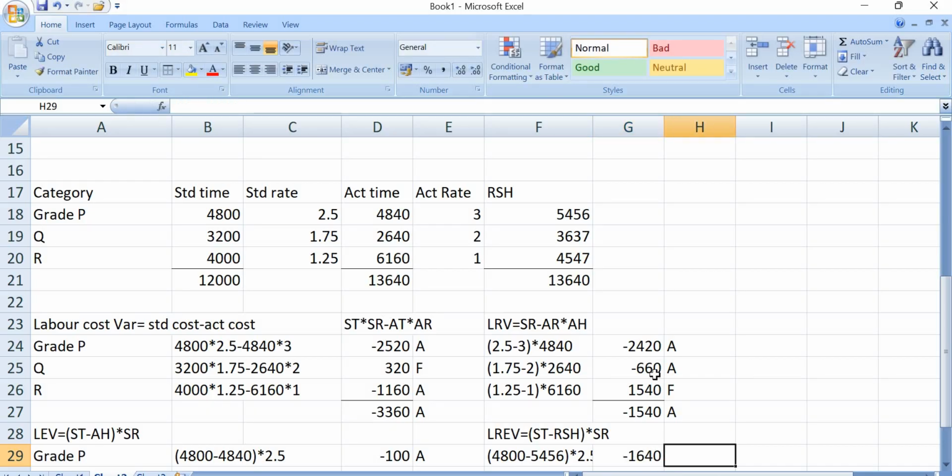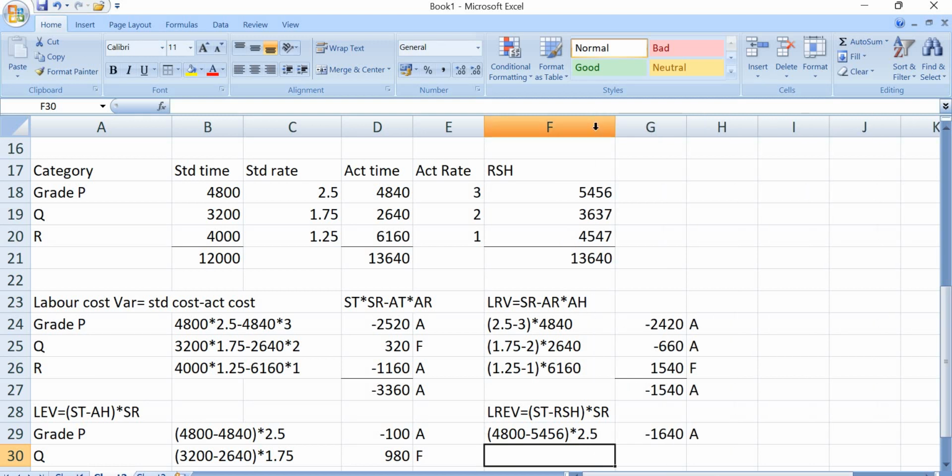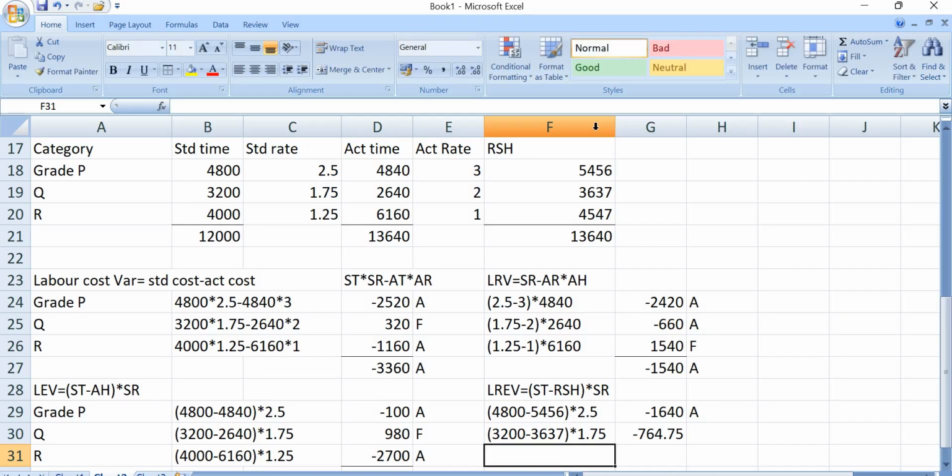So 1,640 adverse. So for Q, 3,200 minus 3,637 into 1.75. So 764.75 adverse.